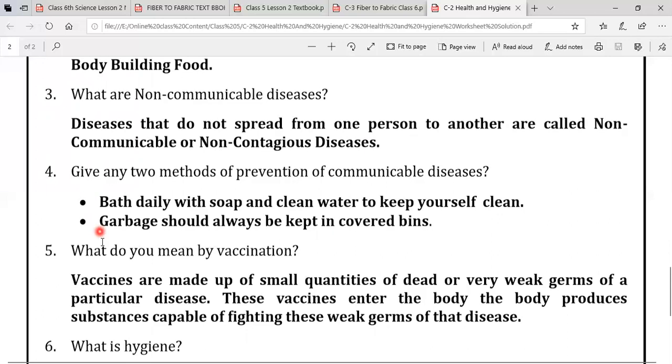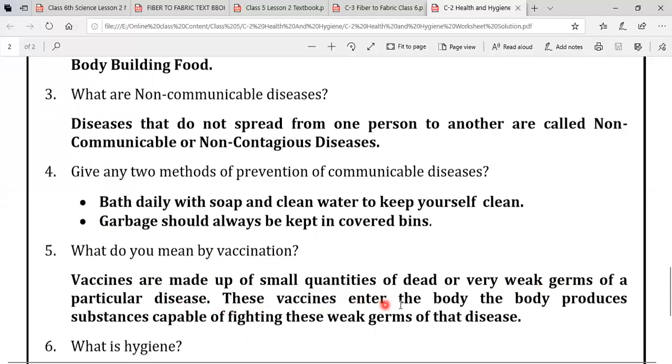Next question. What do you mean by vaccination? Vaccines are made up of small quantities of dead or weak germs of a particular disease. So how are vaccines prepared? They take dead or very weak germs from that particular disease.